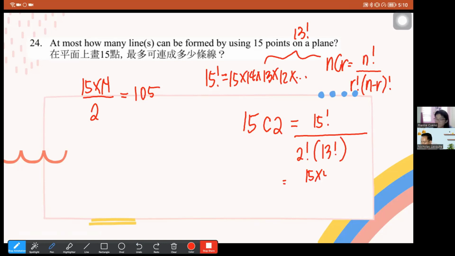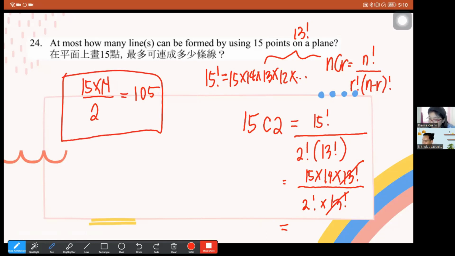We have derived your formula, which is simply 15 times 14 divided by 2, which is 105.